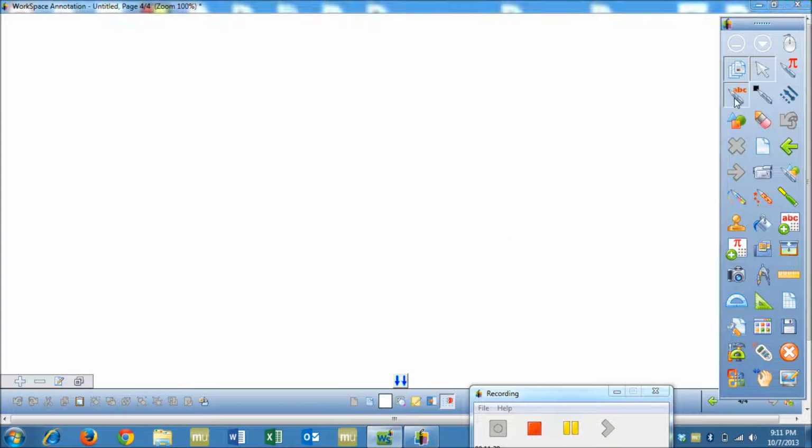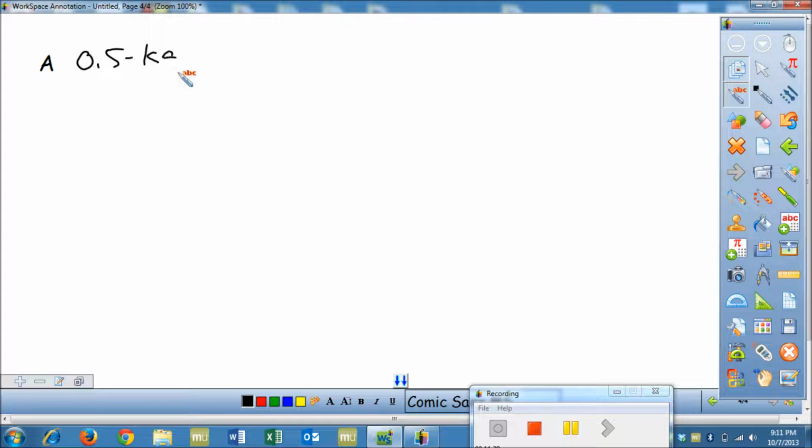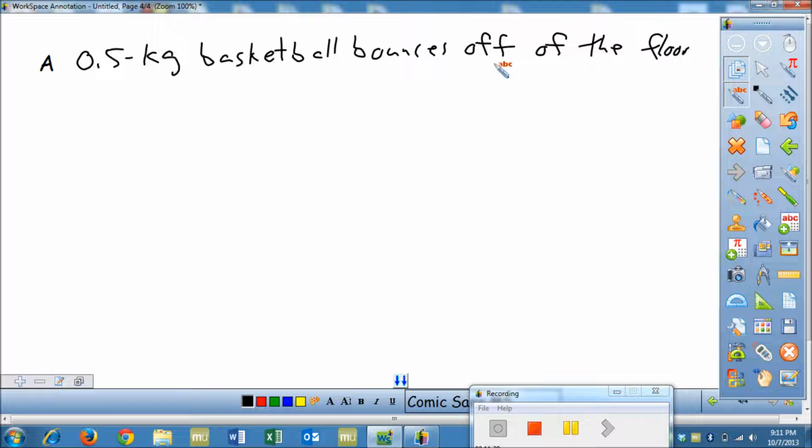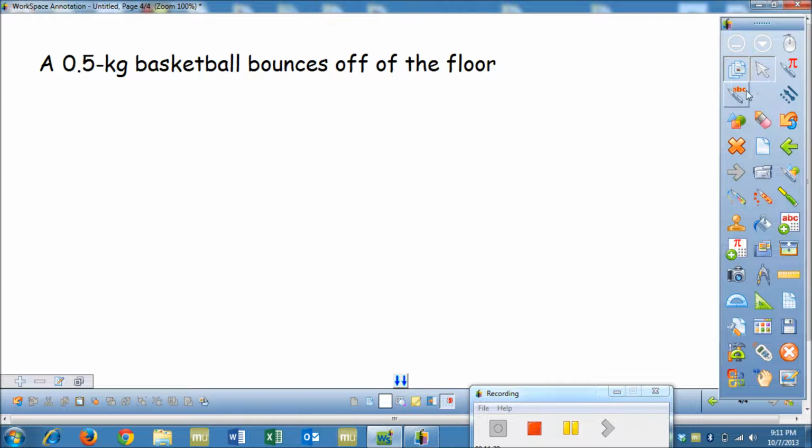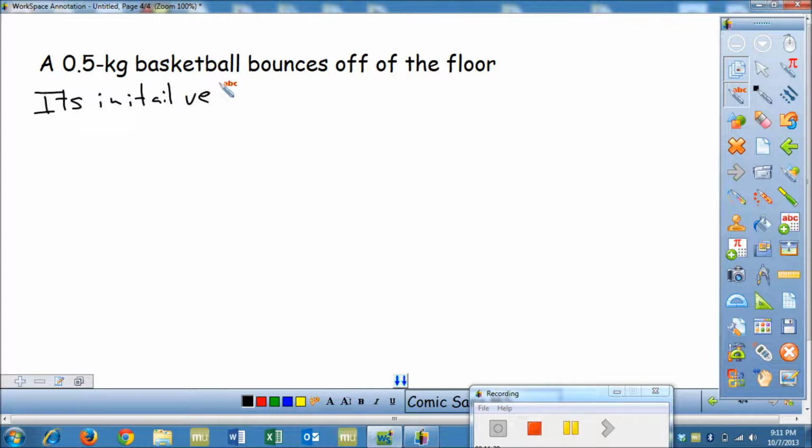All right, let me write this one out. Okay, let's imagine that we have a 0.5 kilogram basketball that bounces off of the floor. Assume there's a period there. Okay, so what happens? Its initial velocity is negative 10 meters per second.